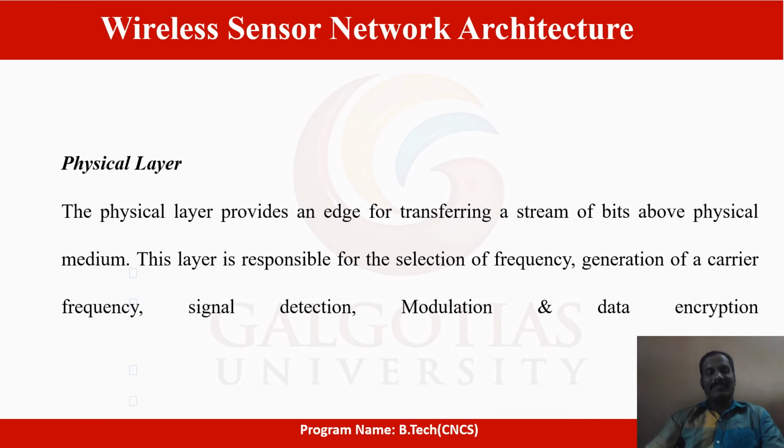The next layer is the physical layer. The physical layer provides an interface for transmitting the stream of bytes over the physical medium. It is responsible for frequency selection, carrier frequency generation, signal detection, modulation and data encryption.